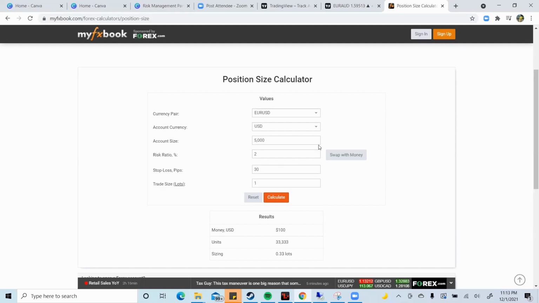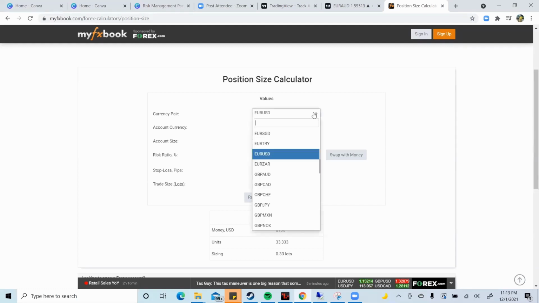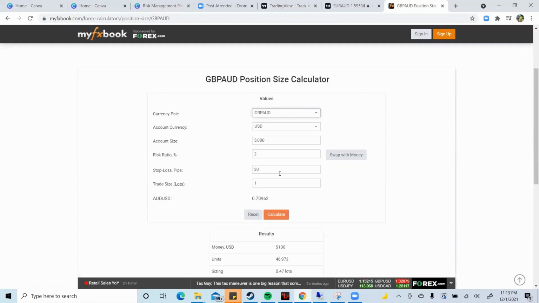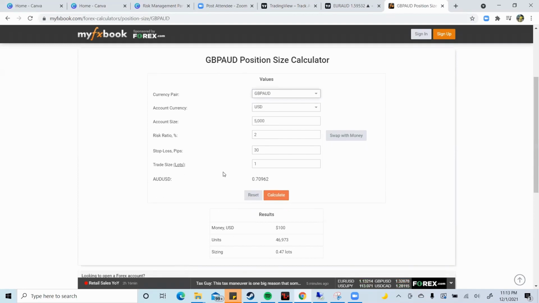So to illustrate this, I'm going to keep everything else the same and just switch the pair. So we're going to do GBP AUD. And what happens is, here we go to calculate, everything was the same as far as how much the trading account was, how much risk, how much stop loss.